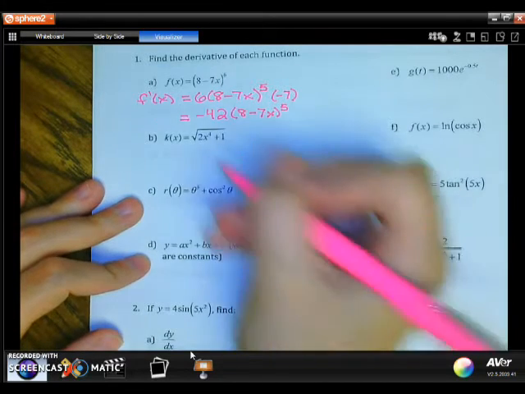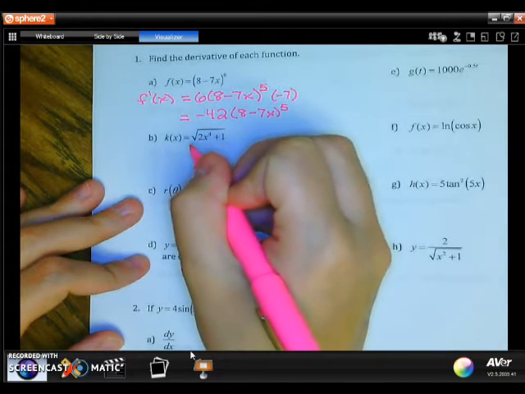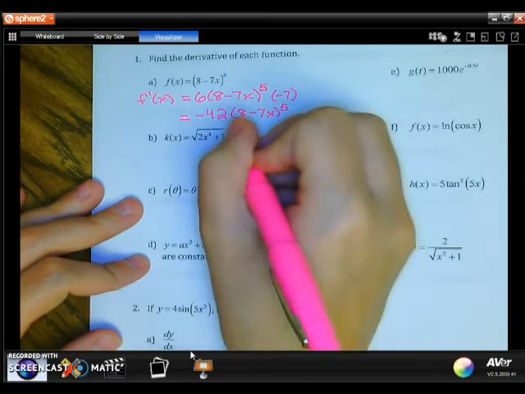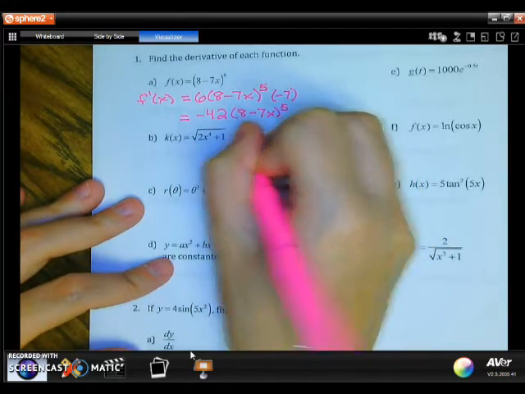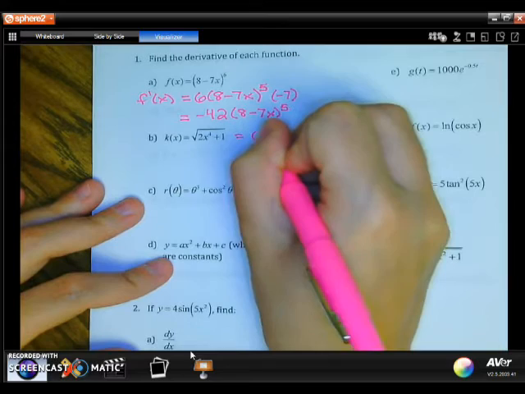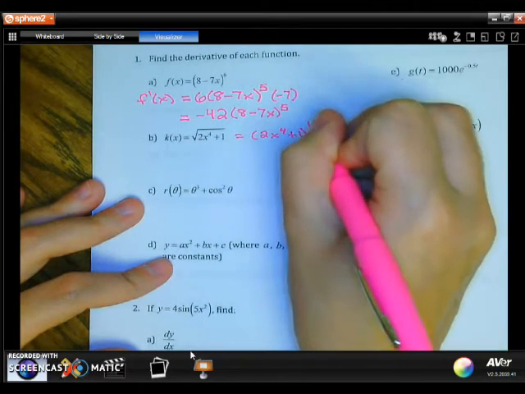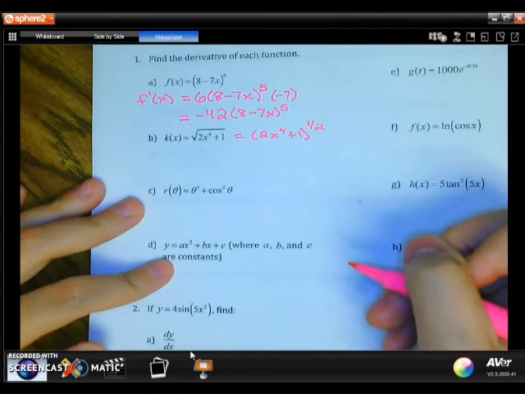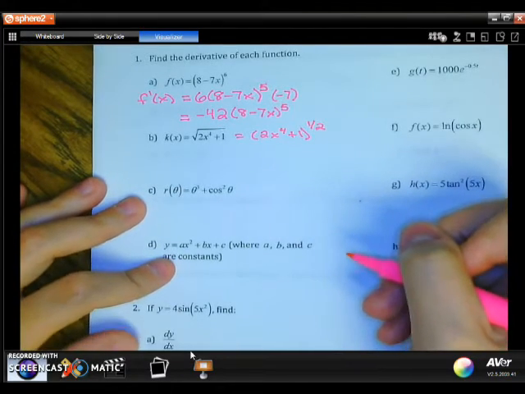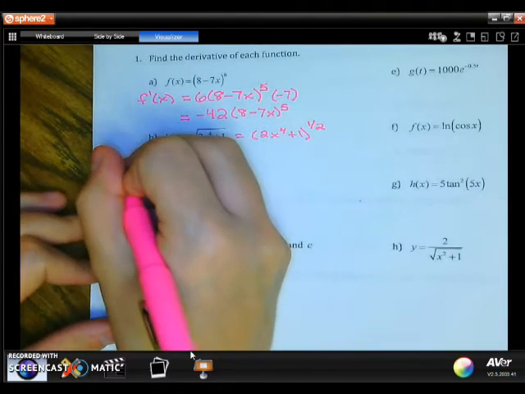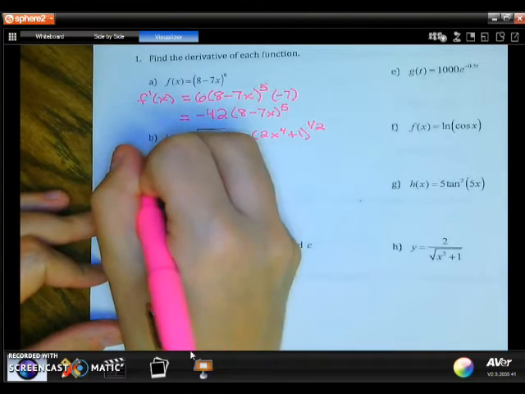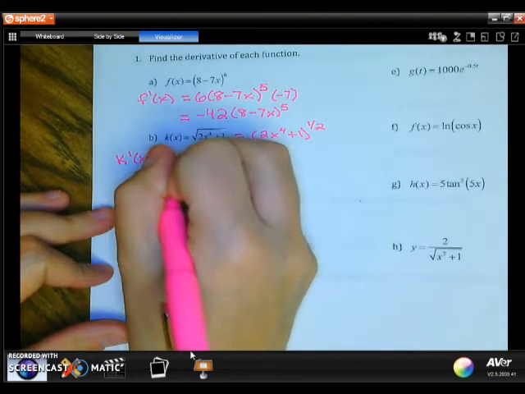Okay. For the next one, I would interpret this square root as the whole thing raised to the 1/2 power. So I'm just going to rewrite it as 2x to the 4th plus 1 quantity to the 1/2. Whenever you see square roots, you want to go ahead and rewrite it to the 1/2 power. And now I would apply the chain rule. So again, I note that I'm taking the derivative now with that k prime.